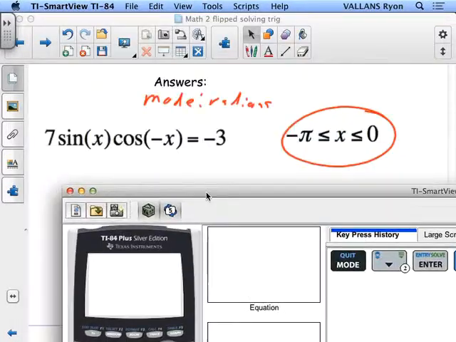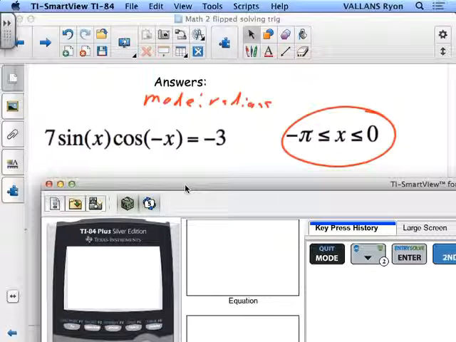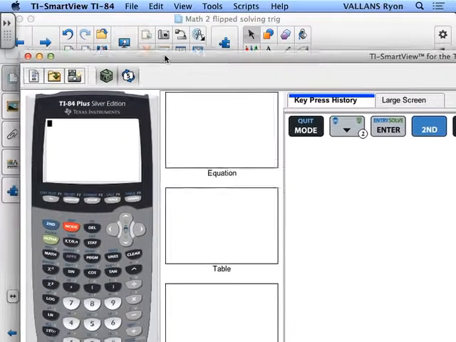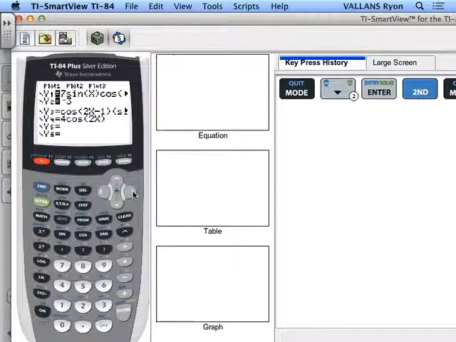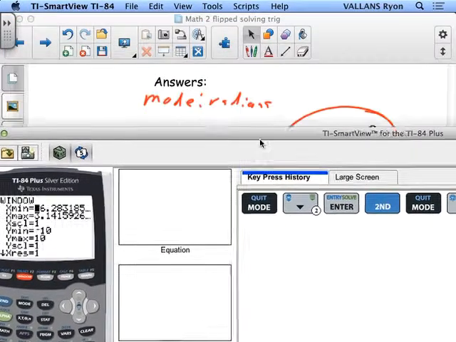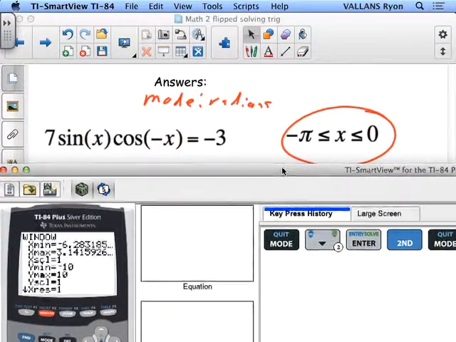So for this first equation, 7 sine x cosine negative x equals negative 3. I go to y equals, I've already put it in, 7 sine x cosine negative x for y1, and for y2, I put negative 3. Okay? Then I make sure my window goes from wherever they told me, from negative pi to 0.